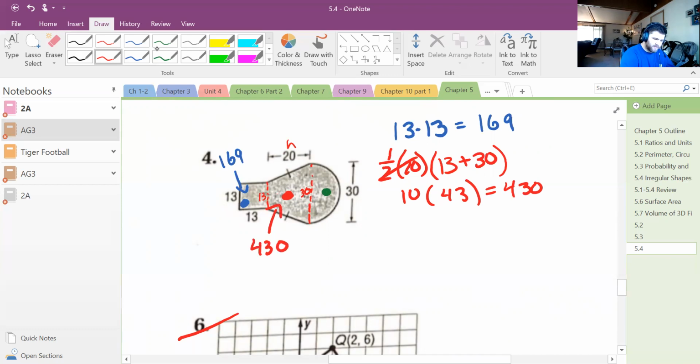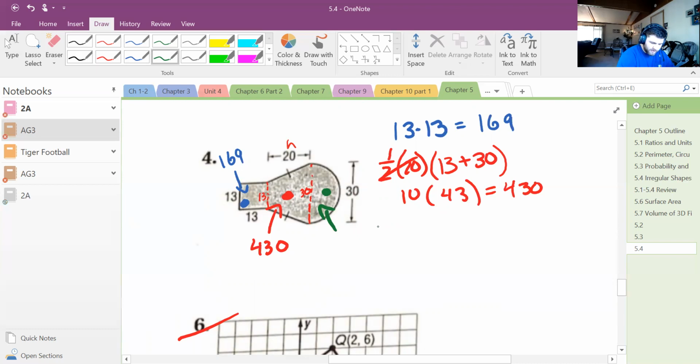Not too hard. Our last piece, our third piece, is our half circle. Once again, like we just did before, let's treat it like it's a real circle. I need to find the radius. My diameter is going to be 30 for this circle. So what's my radius going to be? It's half, so it's 15.